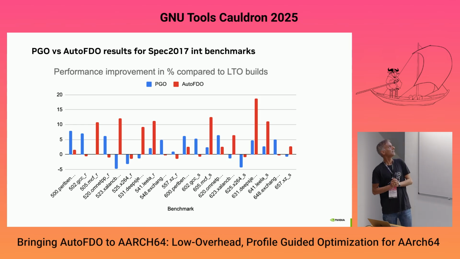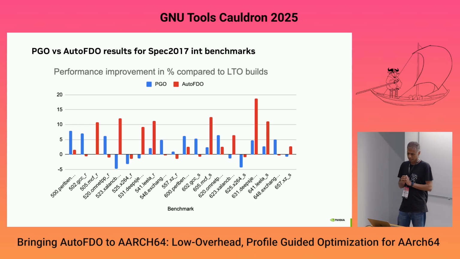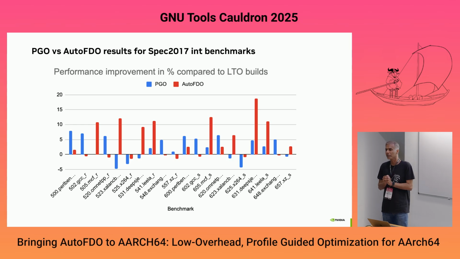Yeah. So this graph basically shows the results we got with SPEC 2017 integer benchmarks. The performance numbers have actually improved quite a bit during stage one with all the changes that went in.